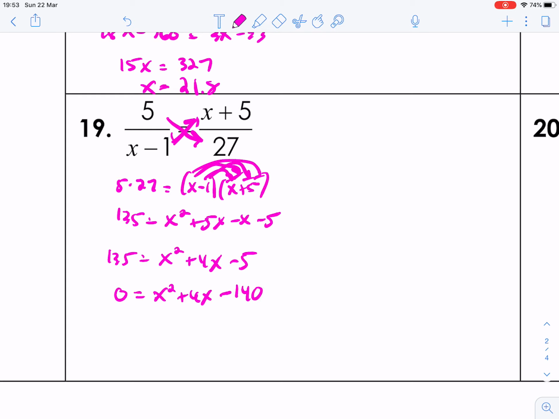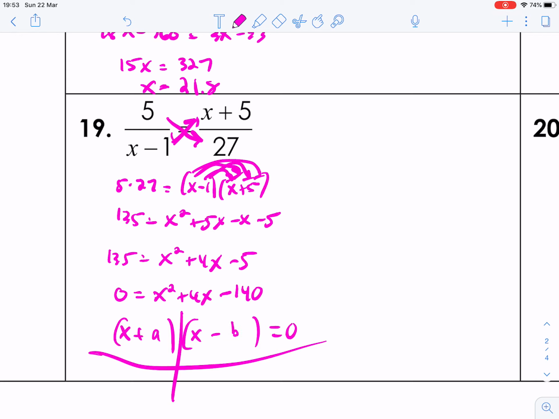Oh boy, so we have to find two numbers where it equals 0. So we have our x's, we know that. We know one has to be plus, one has to be minus, and they need to be close together because, say this is A, this is B, we need A times B to give us negative 140, and we need them to add together to give us 4.